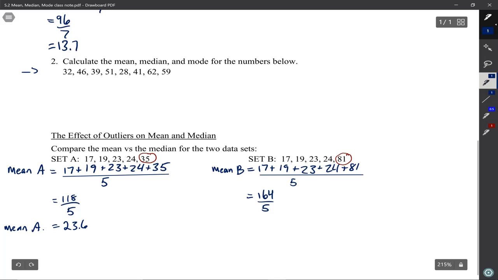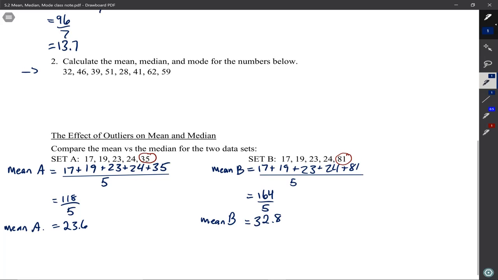Divided by 5, bringing us a mean of 32.8. So we can see that this mean for the data set of B is actually bigger than every single number in there other than the last one. So this as an average might not give us very much information, whereas this mean over here fits fairly evenly right within the middle of the data set.